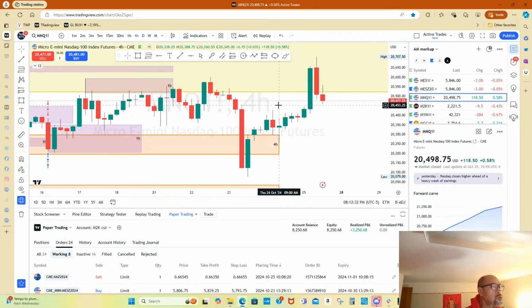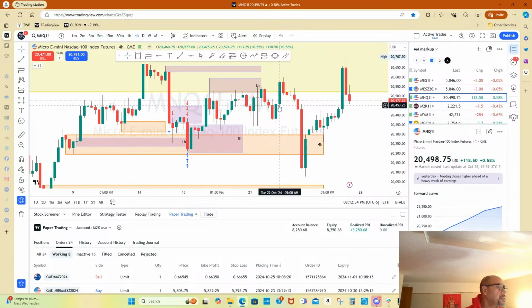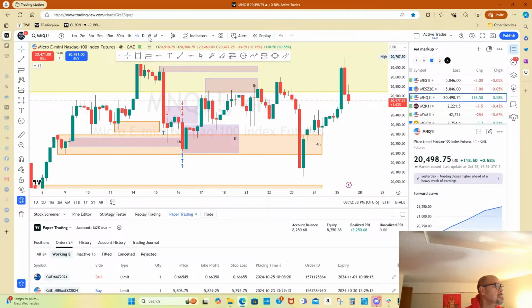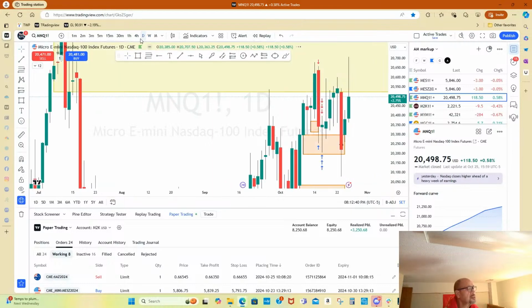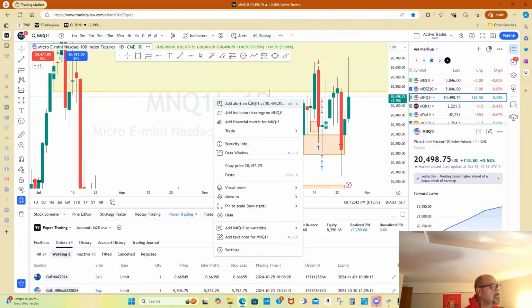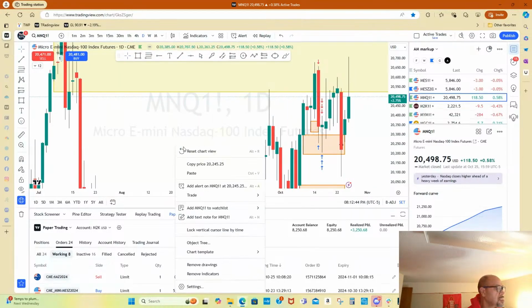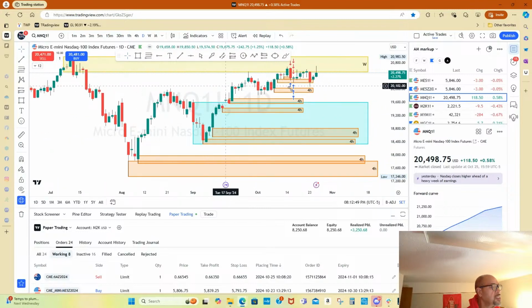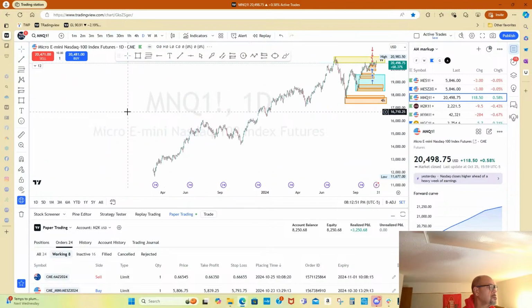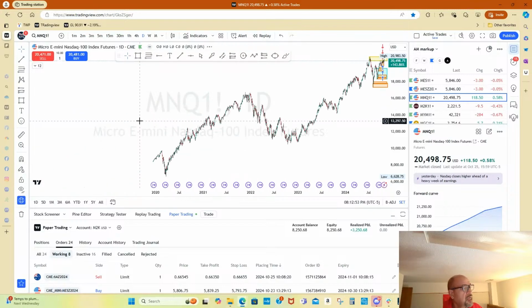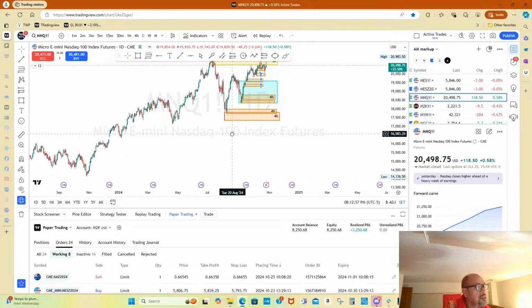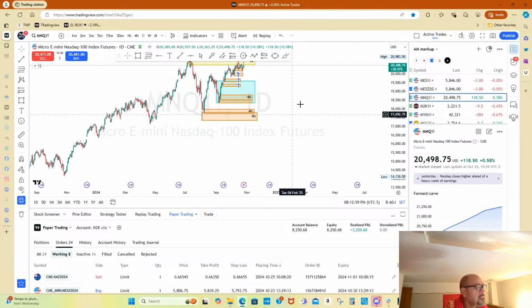NQ1. No, I need to go back to weekly. I'll start with that. We are in that weekly supply that's also an all-time high, riding higher and higher and higher. That's why that's good.